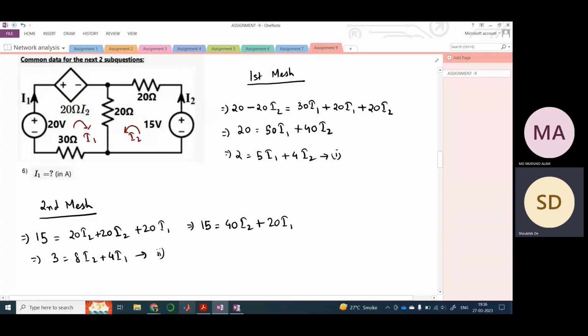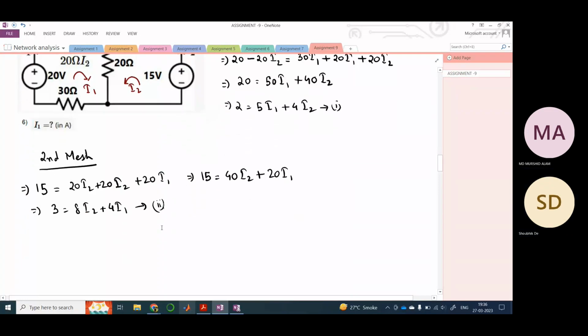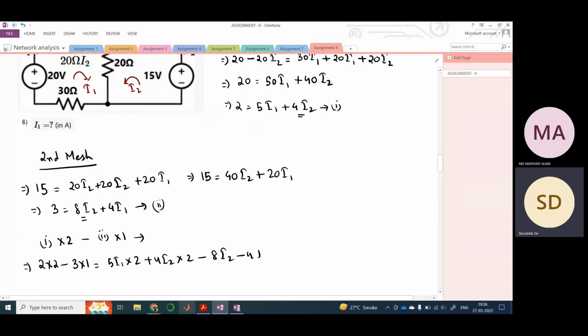Okay, so now simple, we just need to solve these two equations. So let us see here, there is 4 I2 here, there is 8 I2 here. So we can do like this, equation 1 into 2 minus equation 2 into 1. So we will be cancelling I2 from both sides. Okay, so this would be 2 into 2 minus 3 into 1 equals 5 I1 into 2 plus 4 I2 into 2 minus 8 I2 minus 4 I1.